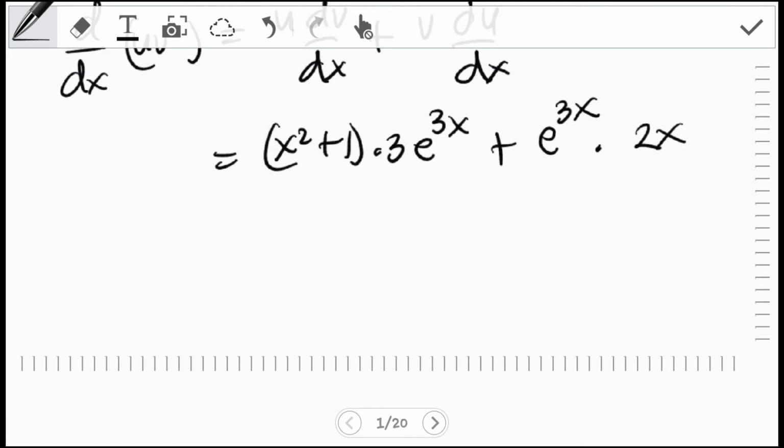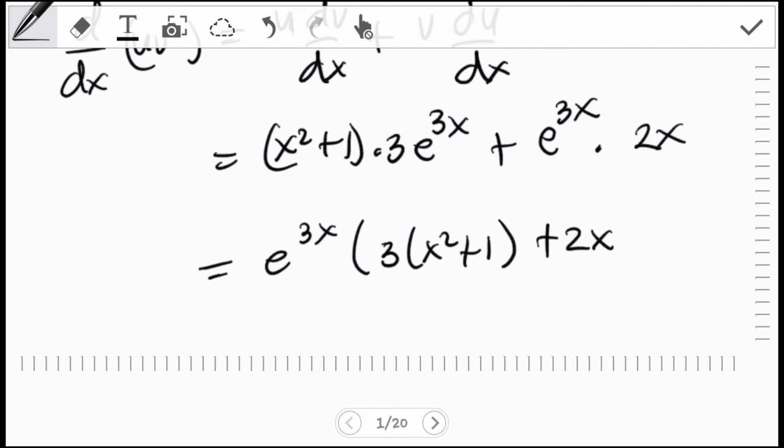So therefore the final answer is e to the power 3x times 3 times the quantity x squared plus 1, plus 2x. Okay, so that is the final answer.